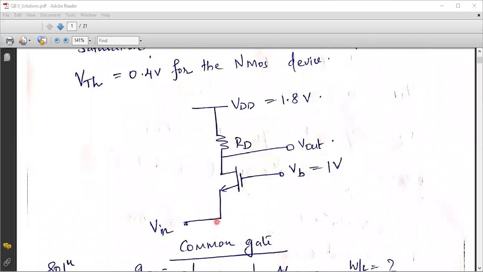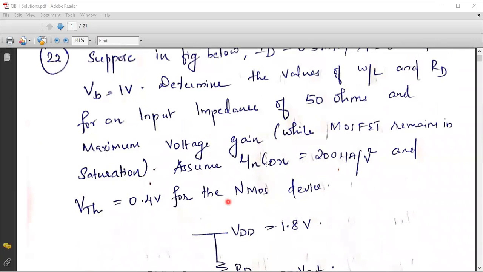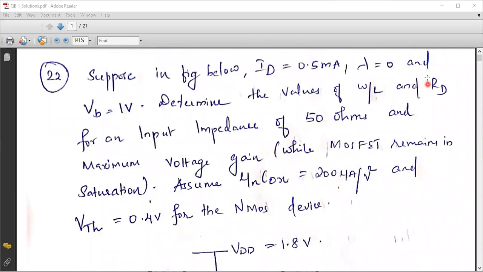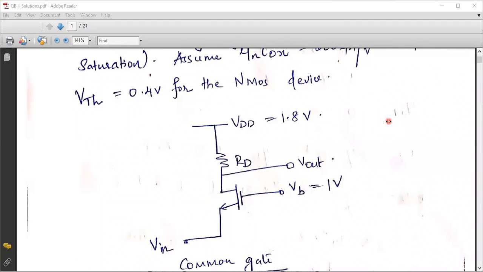Once you understand that this is a common gate configuration, now you can start solving for the aspect ratio and drain resistance RD. To get the aspect ratio W by L, you need to know the value of transconductance.